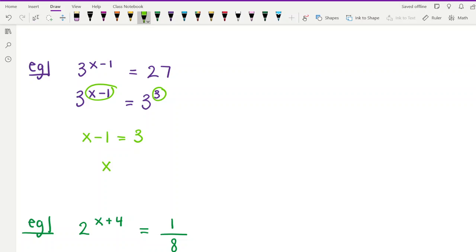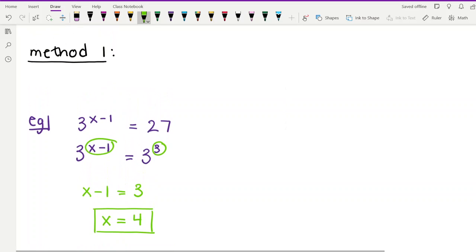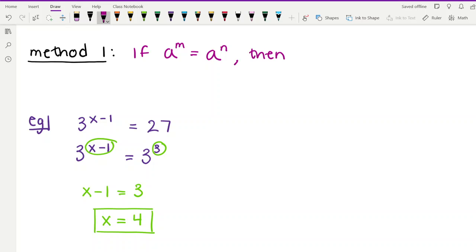And so from here, we can conclude that x is equal to 4. The way I would describe this method is that we're relying on the fact that if the left and right-hand sides can both be written as the same number to an exponent, then you can conclude that those two exponents must be equal to each other.